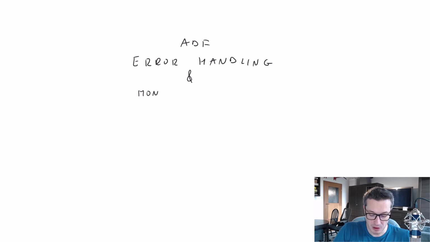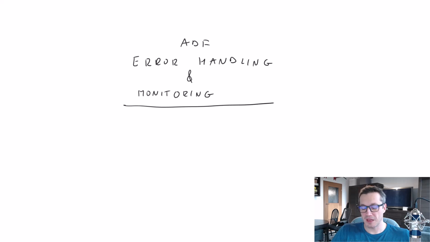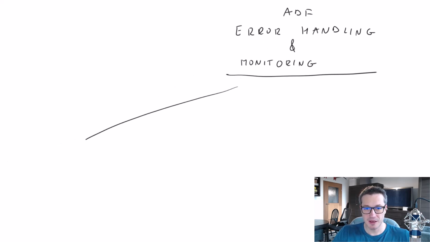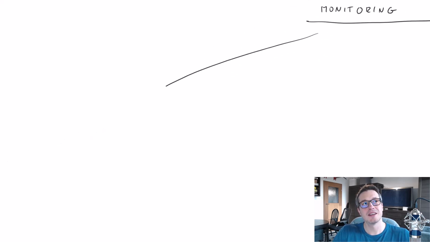How to monitor our pipelines. Monitoring. All right. So the first thing we could do out of many in this area is basically retrying our operations. So set retry option.